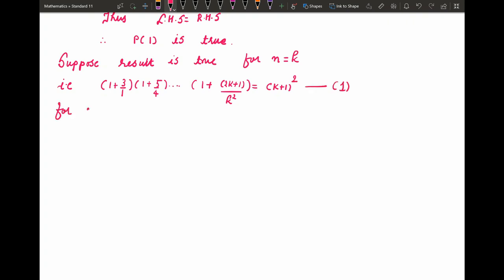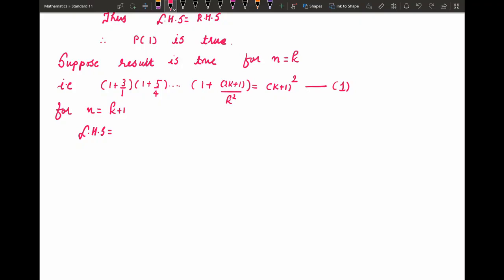Now for n equal to k plus 1, on the left hand side, in the multiplication there will be k plus 1 terms. So the first k terms into the multiplication, with an additional k plus 1th term.